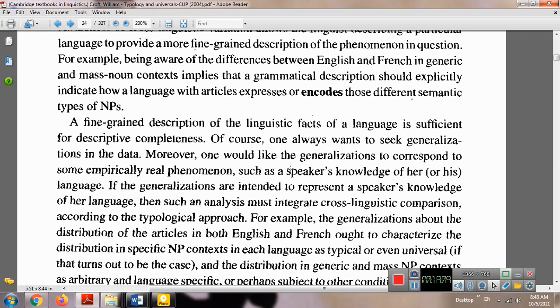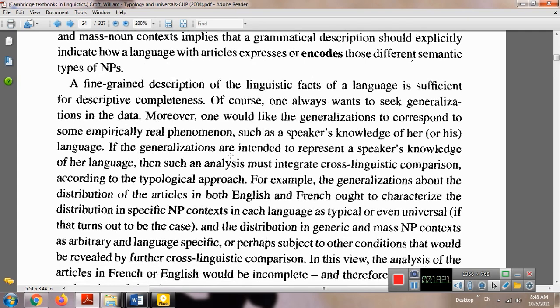Moreover, one would like the generalizations to correspond to some empirically real phenomenon, such as the speaker's knowledge of her or his language. If the generalizations are intended to represent the speaker's knowledge of her language, then such an analysis must integrate cross-linguistic comparison according to the typological approach.